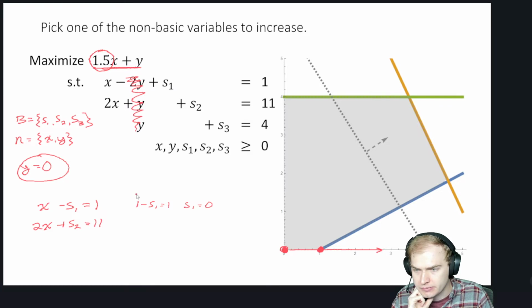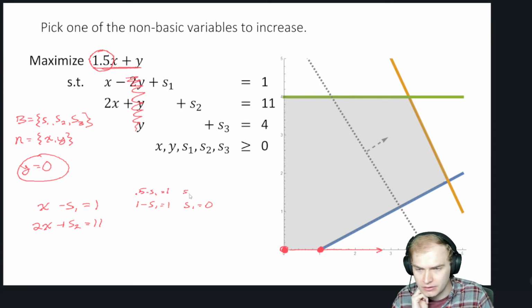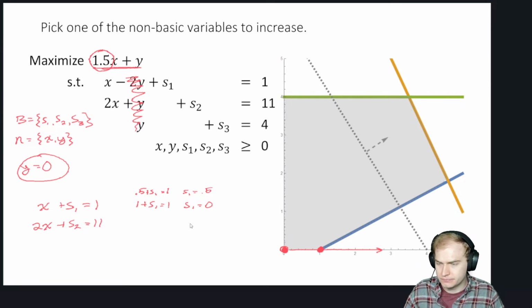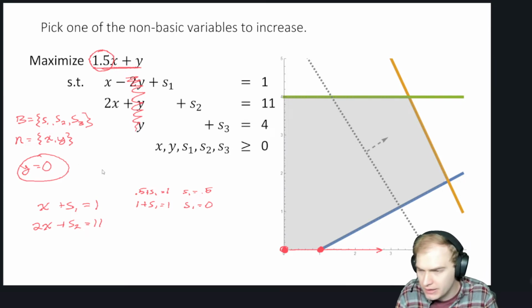At x equals 0.5, we get that s1 equals 0.5. Nope, this should be a plus. Yep. So increasing x decreases s1 proportionally, and then ultimately to 0.